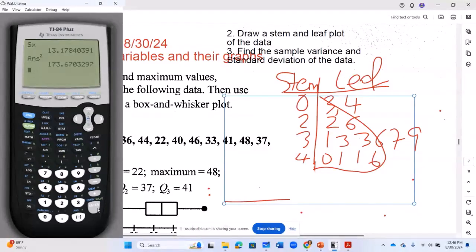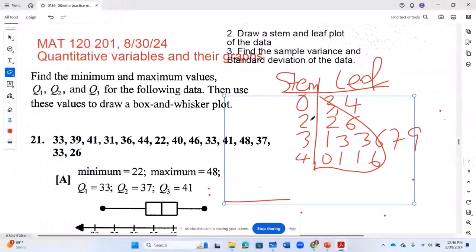So you have to be careful when you're reading the question. All right, so to the nearest thousandth, the sample standard deviation is 13.178. To the nearest thousandth, the sample variance is 173.670.